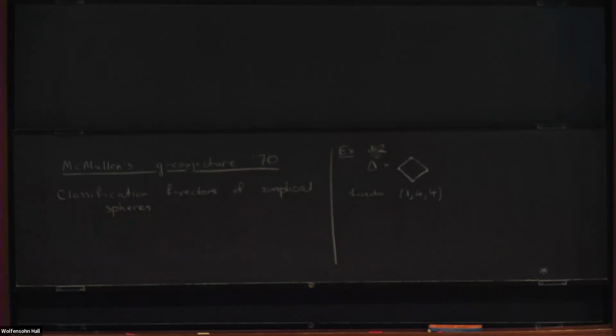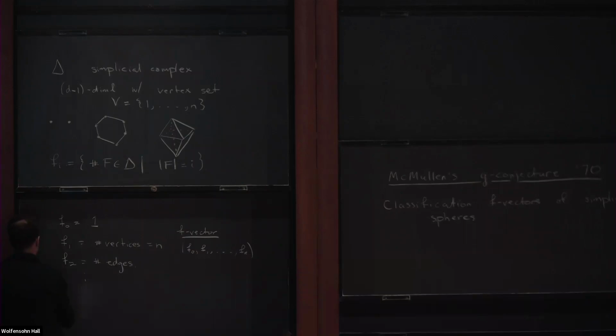And the last thing to tell you is the condition to be a simplicial sphere. A simplicial D minus 1 dimensional sphere means that the simplicial complex as a topological space is homeomorphic to a sphere of dimension D minus 1.